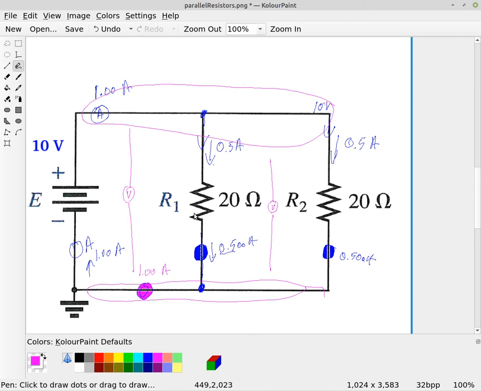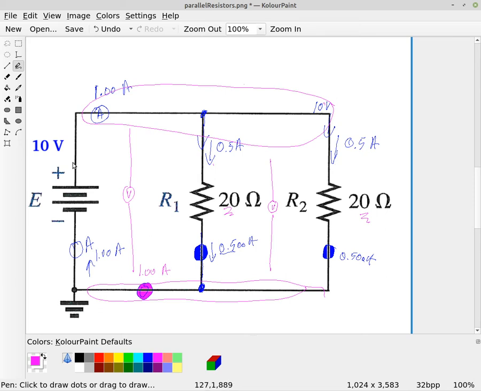So these two resistors have the same voltage across them. And since they're of equal value, they also have the same amount of current flowing through them, right? Because Ohm's law tells us that the current is the voltage divided by the resistance.